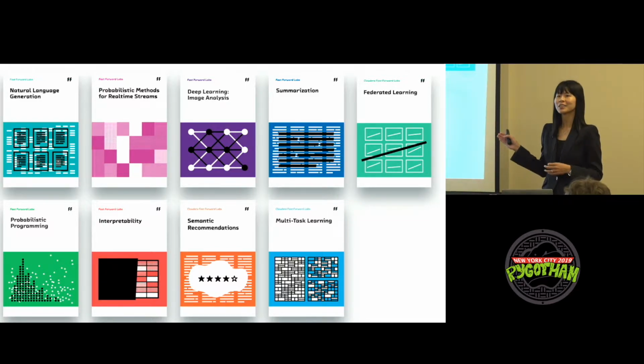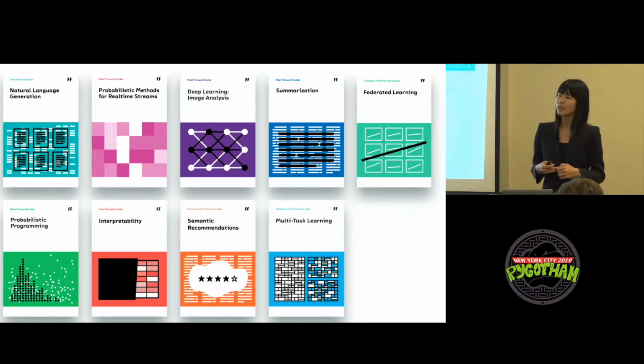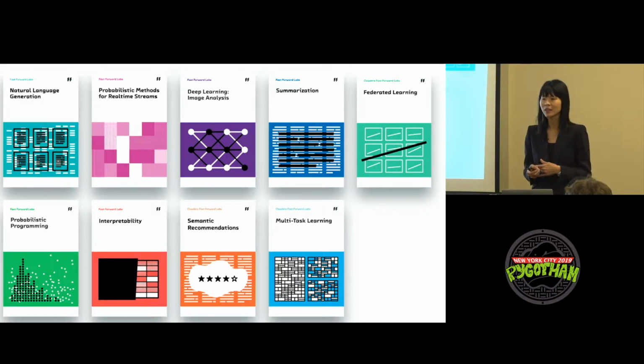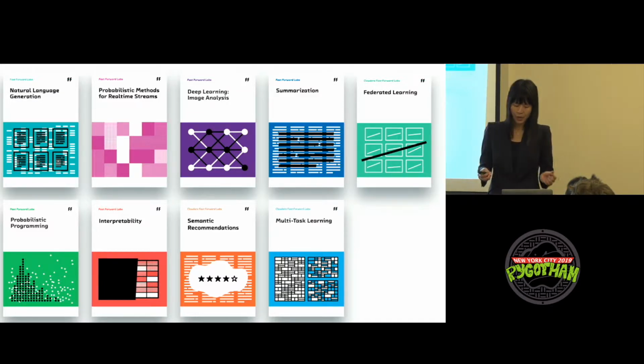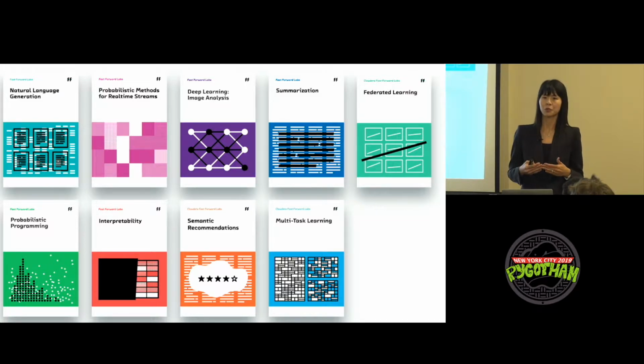Here is a list of reports that we have done in the past. Our subscription clients have access to all of this content along with prototypes that demonstrate each and every one of these capabilities. The second mechanism that we use to tightly couple research and application is our machine learning application development programs.